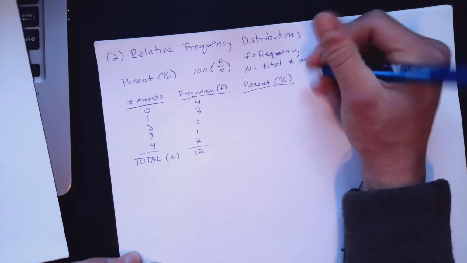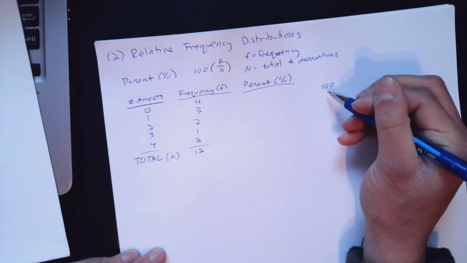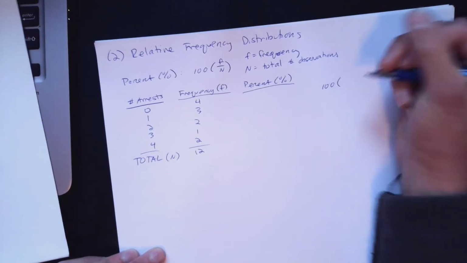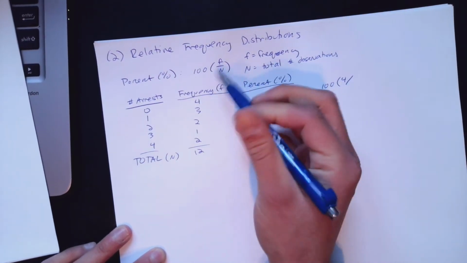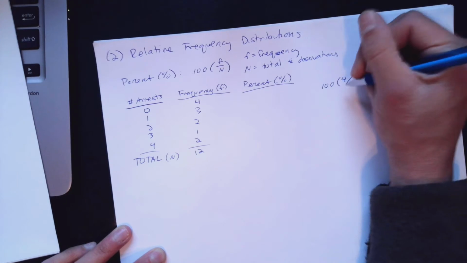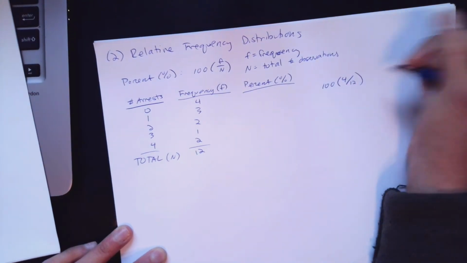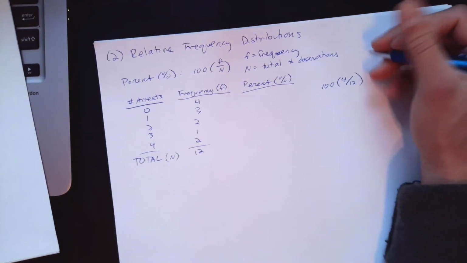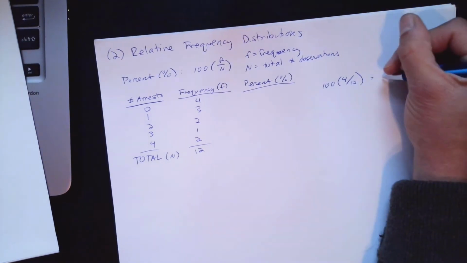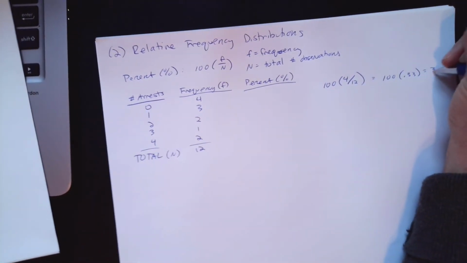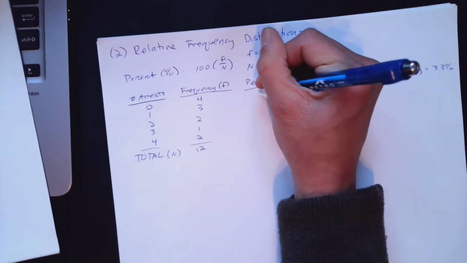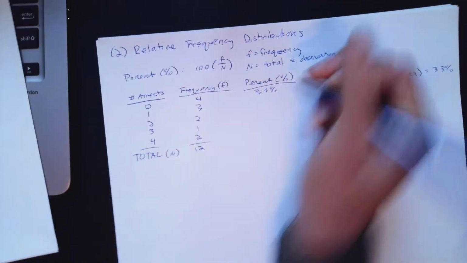Specifically, we're going to say 100 times our frequency of 4 divided by our total number of observations, or n. If you do the math out, you get 100 times 0.33, and that equals 33%. So I'm going to plug in 33% here.